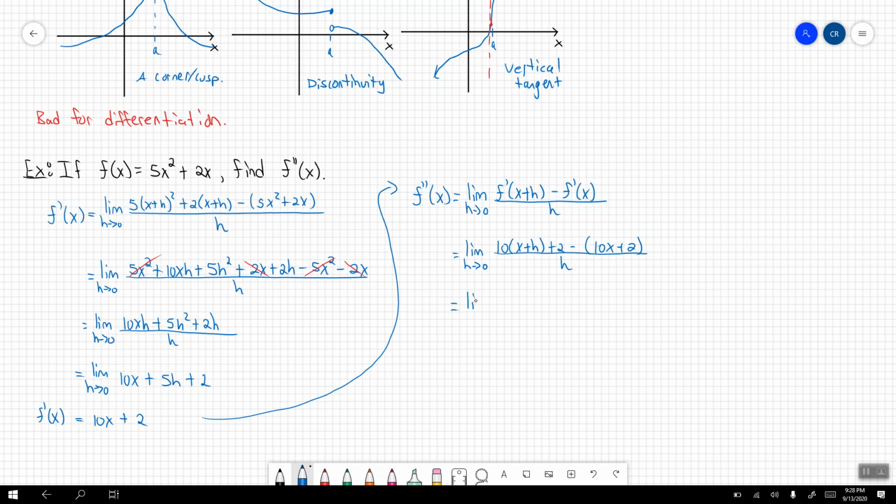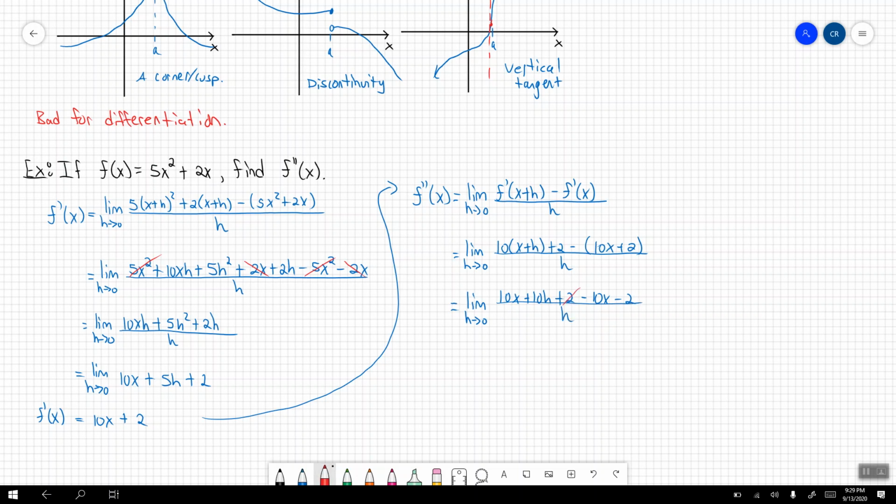This will give me the limit as h is approaching 0. Distribute, that's 10x plus 10h plus 2 minus 10x minus 2, all divided by h.